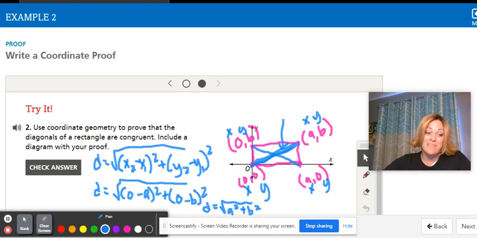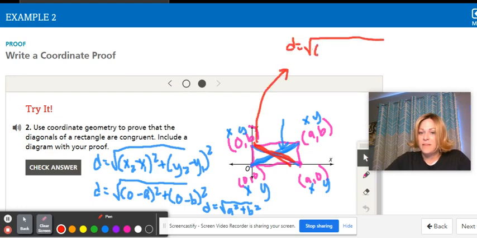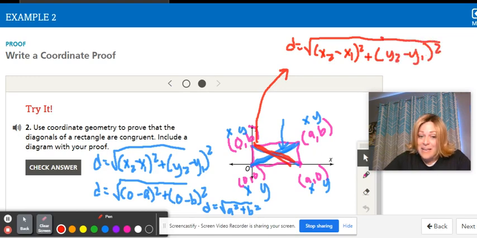Now, if I find the distance of the other diagonal, I'm going to change colors. This diagonal right here, and again, apologize for the mess. Distance equals the square root of the difference of the x's squared plus the difference of the y's squared.